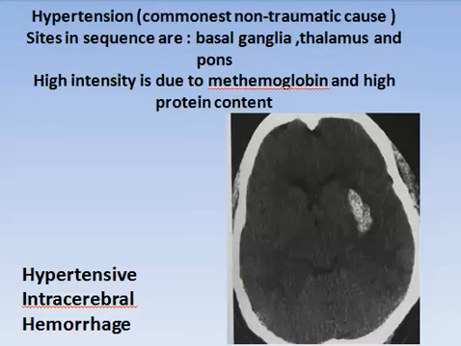Now hypertension, which is the commonest non-traumatic cause, and we mentioned the sides, and we give the high intensity reason due to methemoglobin, and this is CT showing hypertension at the region of the basal ganglia, which forms about 80% of cases.